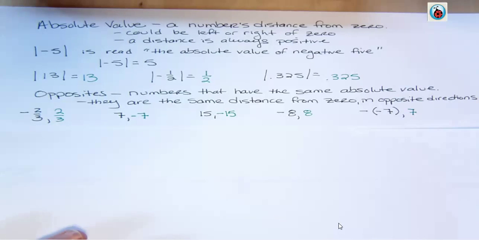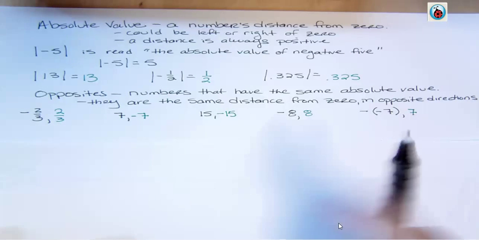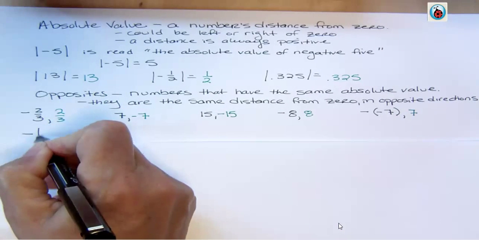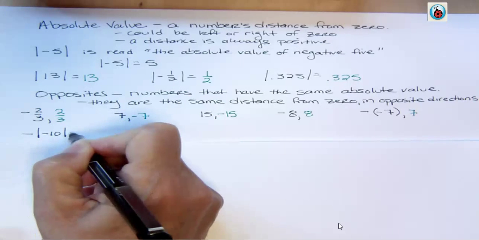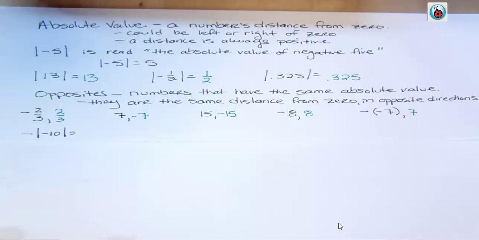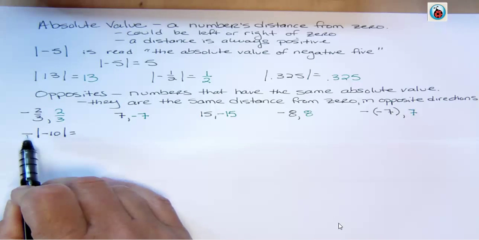Sometimes you see something like this: find the value of the opposite of the absolute value of negative 10. As I said before, absolute values are always positive, but that negative in front has nothing to do with the absolute value.